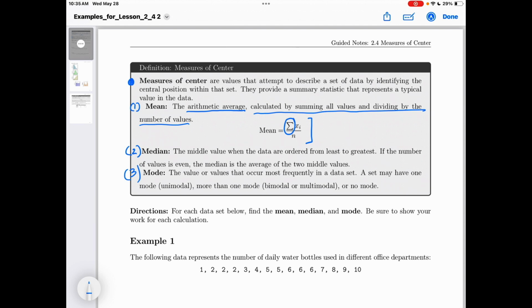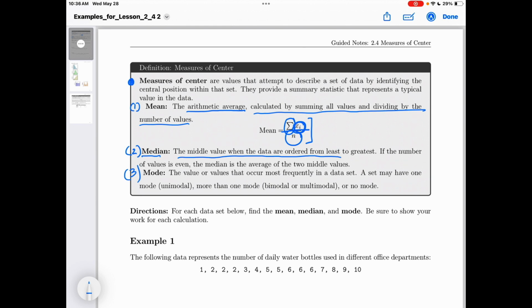This Greek letter right here is called sigma, and in mathematics it's used to indicate a sum. So that symbol is saying add up all the data values and then divide by the number of data values. This is what we're most familiar with when we're talking about averages.